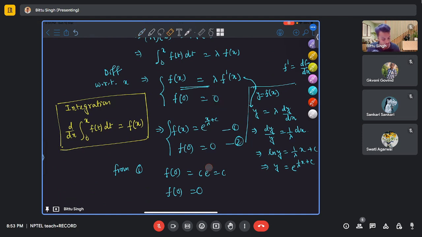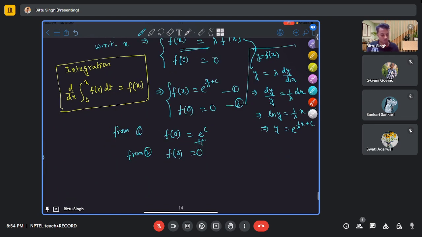But here this is actually e to the power c. From equation 1 we are getting e to the power c. From equation 2 we are getting f(0) equal to 0, and those two things cannot be the same. Exponential of anything is always positive.